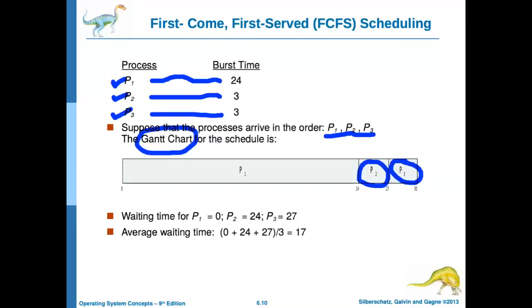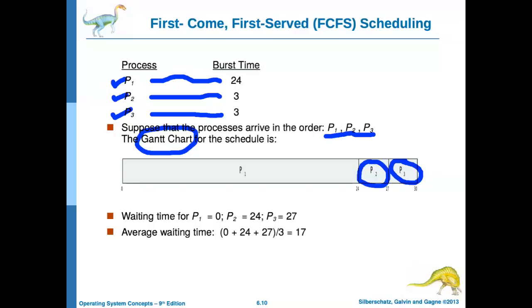From 0 to 24, P1 is executing. P1 arrives at 0. Waiting time is very simple: the time when the process is scheduled minus the time when that process arrives. I said to assume that all arrived at time 0.